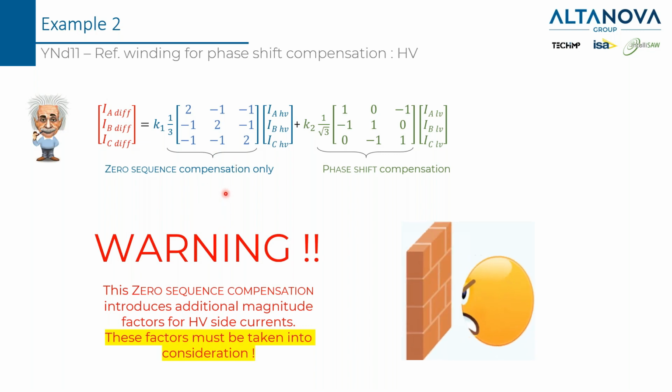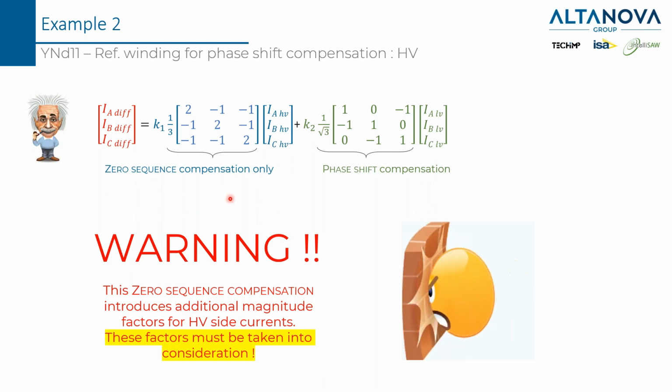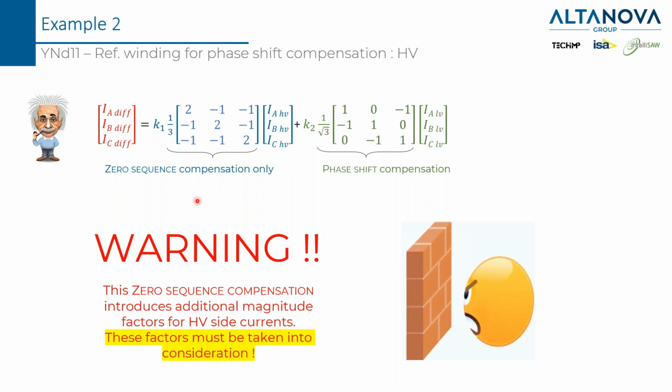If you are not taking this into account, then the fault current that you are going to calculate in order to test your relay will be wrong. Okay, so you can see how many concepts must be known and clear before finding the numbers for the currents to generate with your test set for a proper testing.